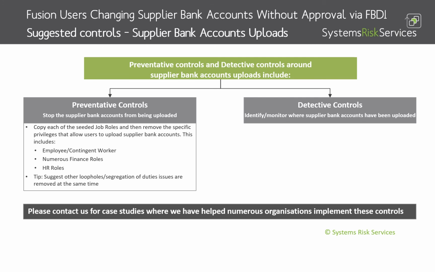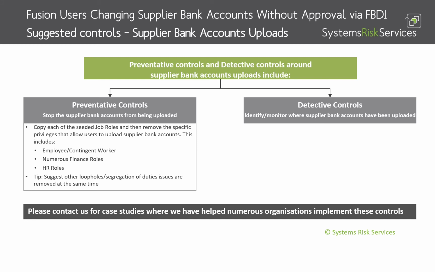Now, what I would say is I would absolutely do other things to those same roles at the same time. So for example, payroll manager, an HR role, allows me to upload supplier bank accounts, but it also allows me to create manual subledger journal entries, which is a different risk that sits in finance. I would absolutely customize the role and take both out at the same time.